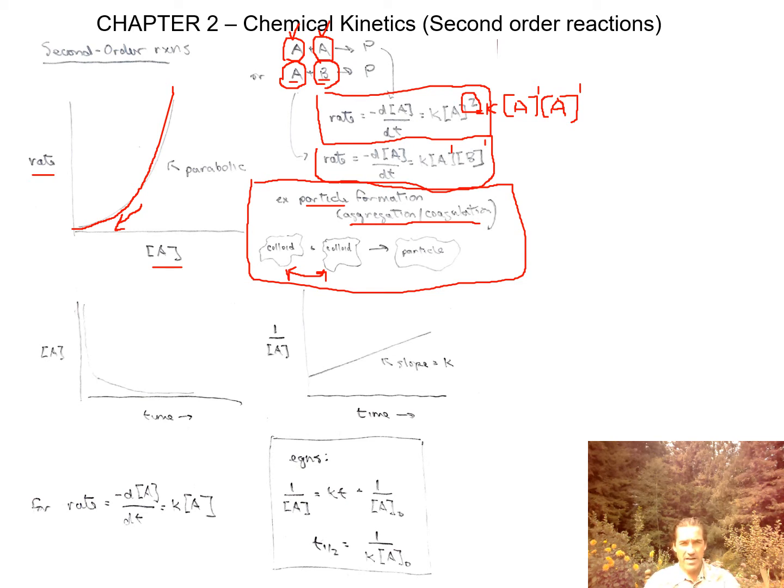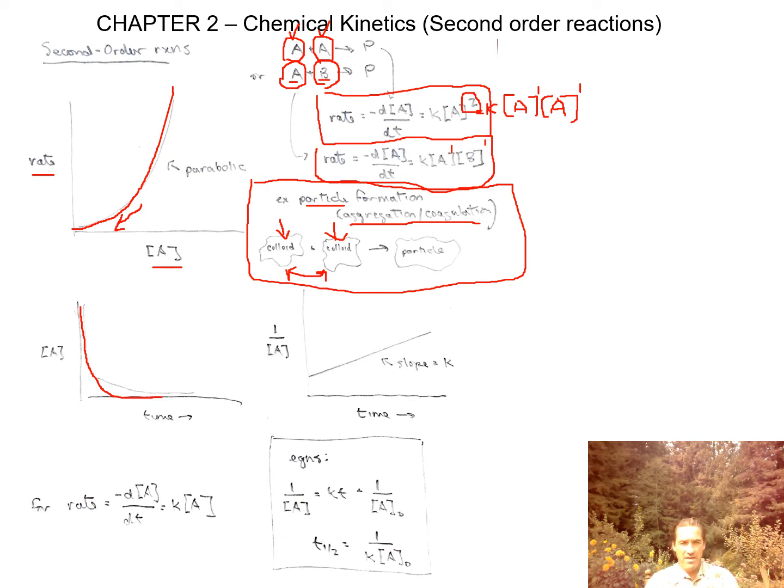And I will also say that this rate is twofold in that it depends upon how many colloids there are, plus how many colloids there are. It's twofold. It's a second order reaction. So if we plot the concentration of A versus time for a second order, we get a very steep curve.